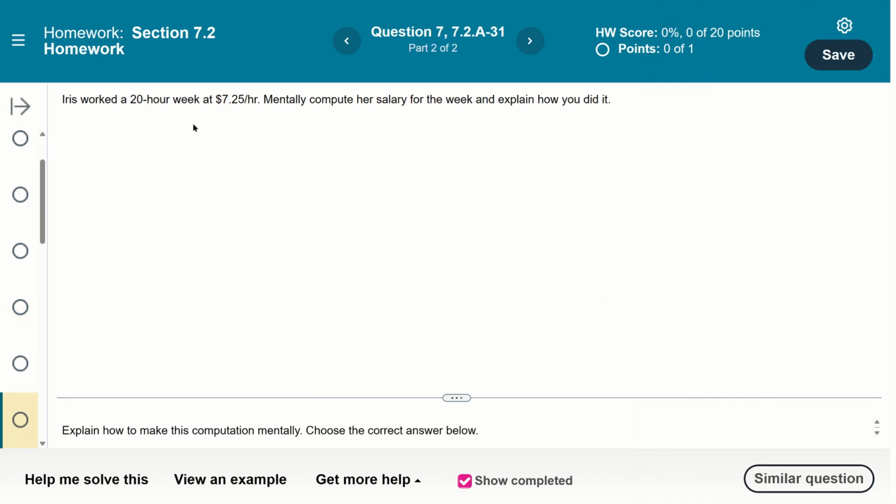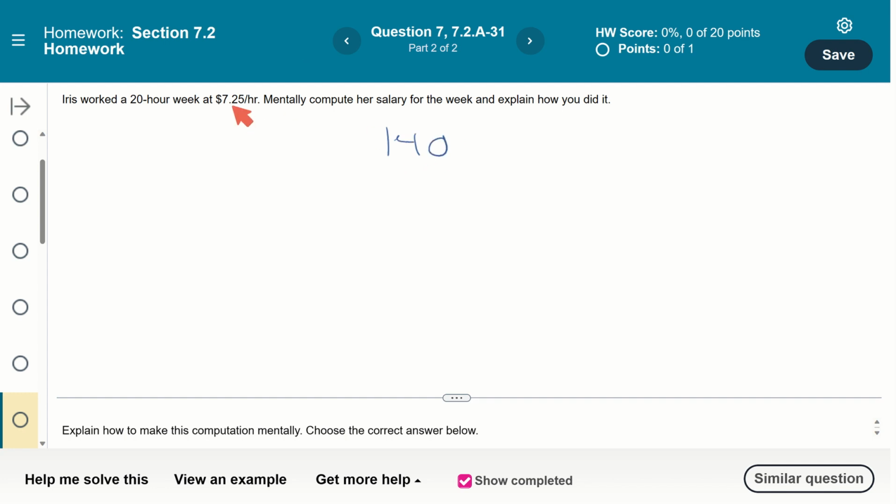All right, here's a problem that you can quickly do in your head because we're so familiar with money, right? So Iris worked a 20-hour week at $7.25 per hour. Mentally compute her salary for the week. So notice that we can just take care of the 20 times 7. That gives us 140, right?